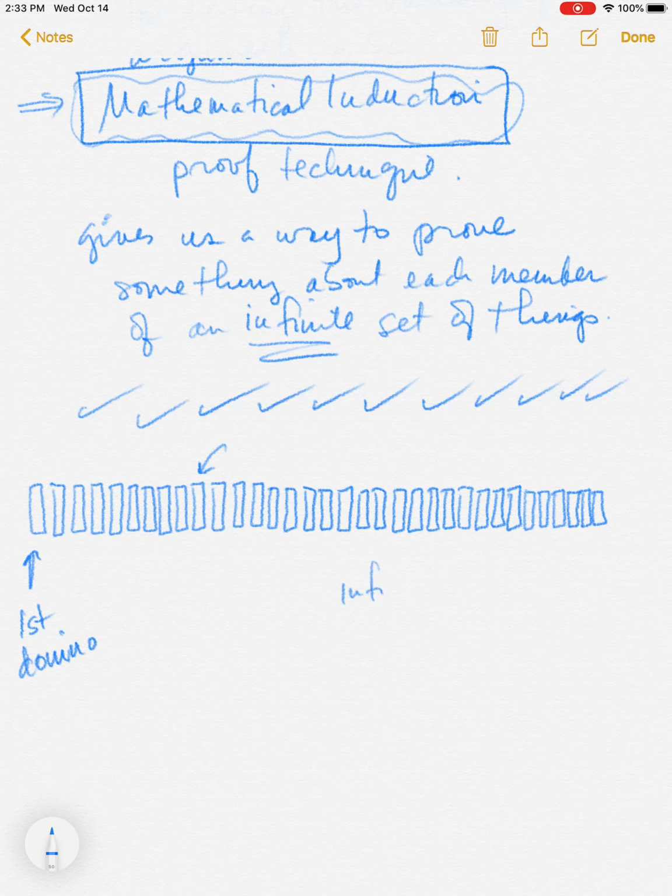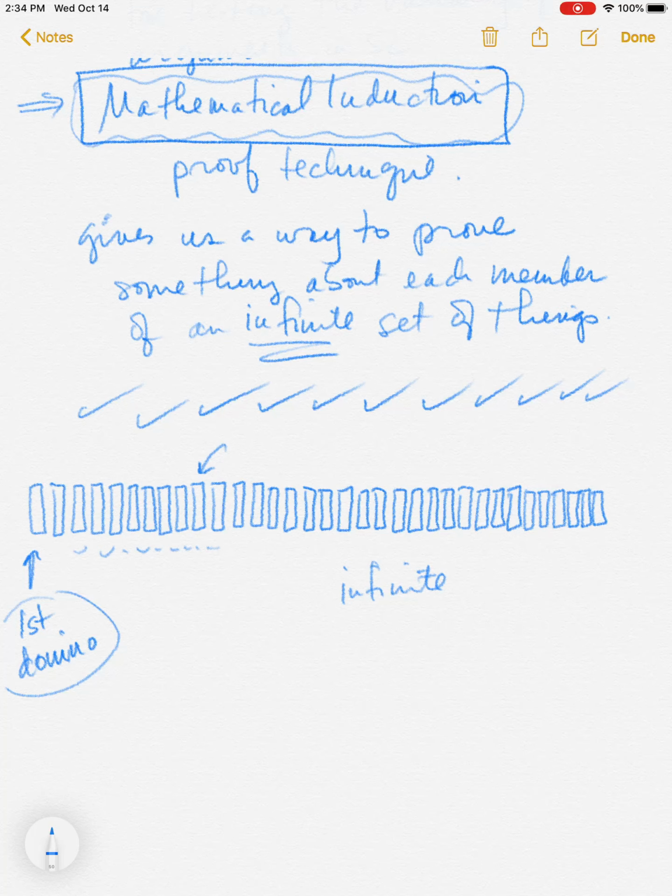It's an infinite collection of dominoes, and they're all lined up on their ends, just precisely the right distance from one another. But even if it's an infinitely long collection of dominoes, there still has to be a first one, right?